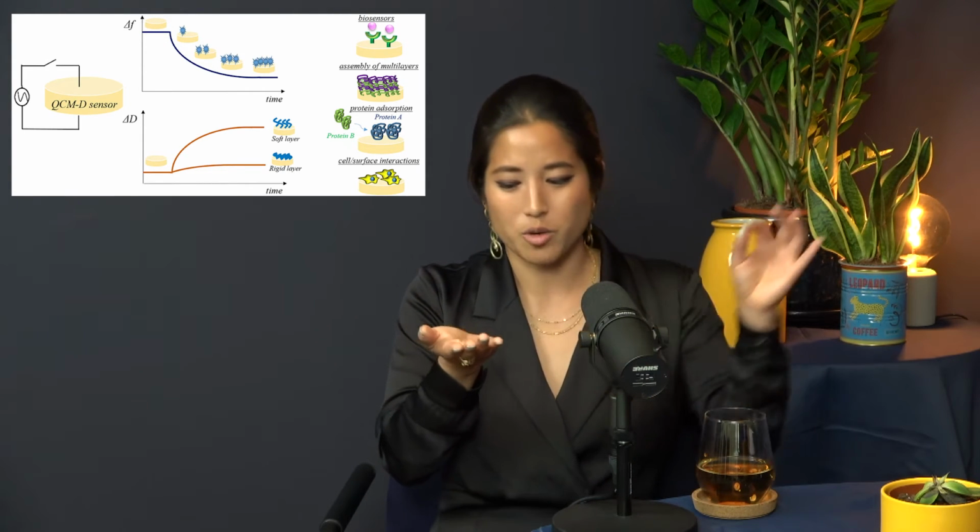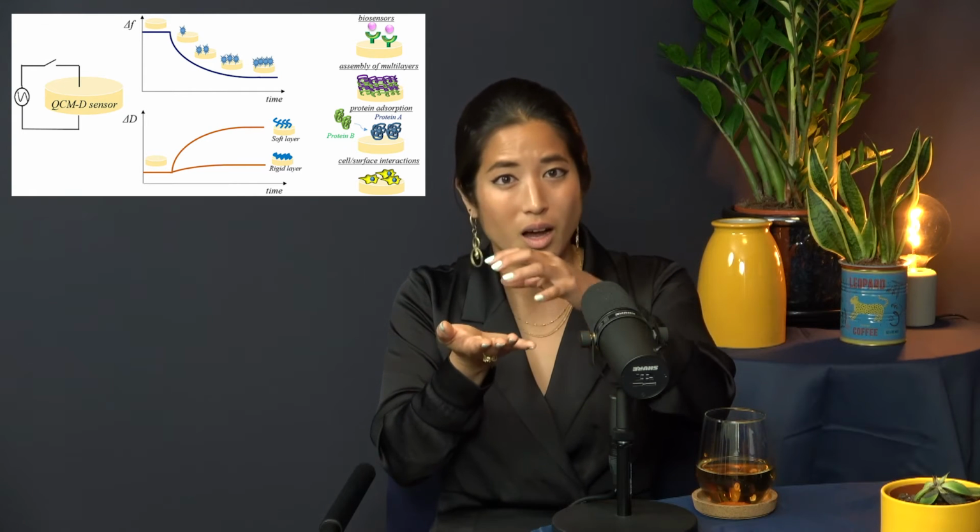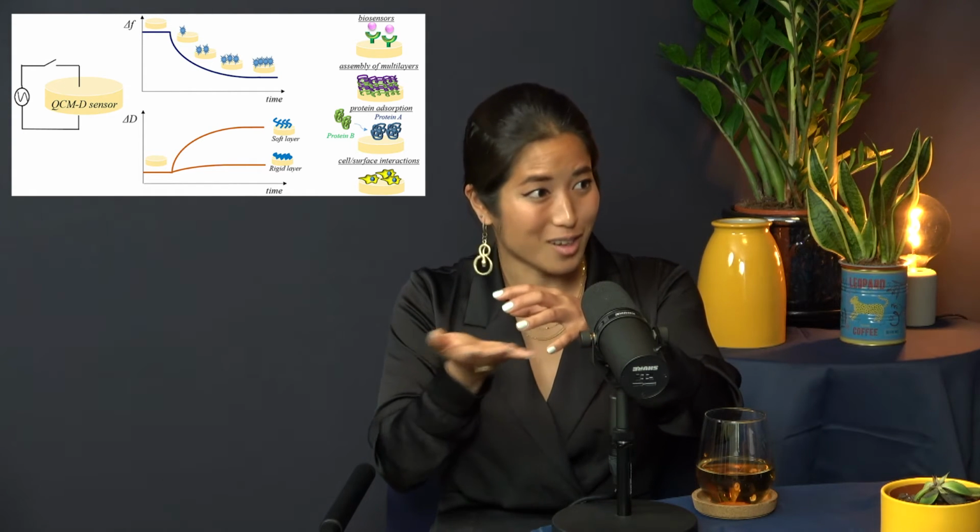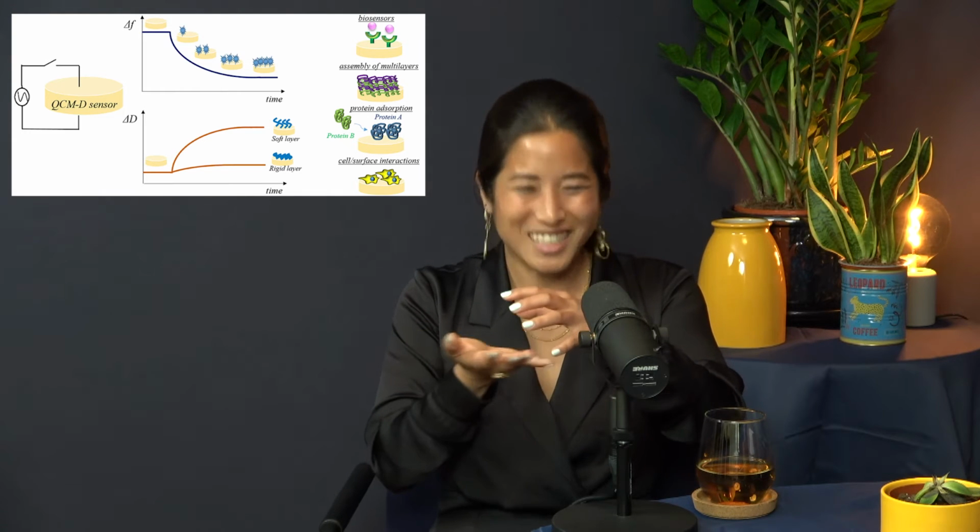And so we have other methods like quartz crystal microbalance, where you can assemble molecules on a surface. And this method works in that it's a piezoelectric crystal, meaning that if you apply a voltage, it oscillates at a certain resonance frequency. You can assemble molecules, and then with higher mass, you have lower frequency.